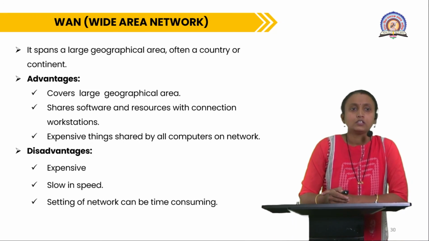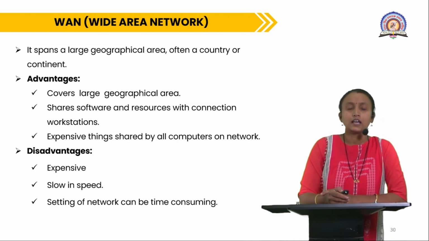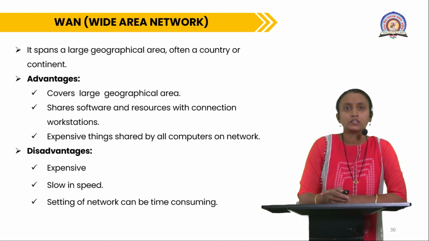The last one is WAN, that is wide area network, which has a larger area compared to LAN and MAN. It can span a large geographical area like a single country or a single continent. One of the best examples of WAN is the internet, in which all the devices all over the world are connected with each other using a single network.